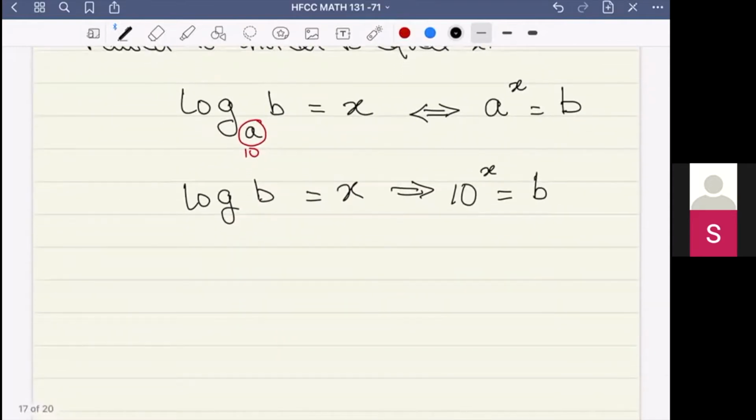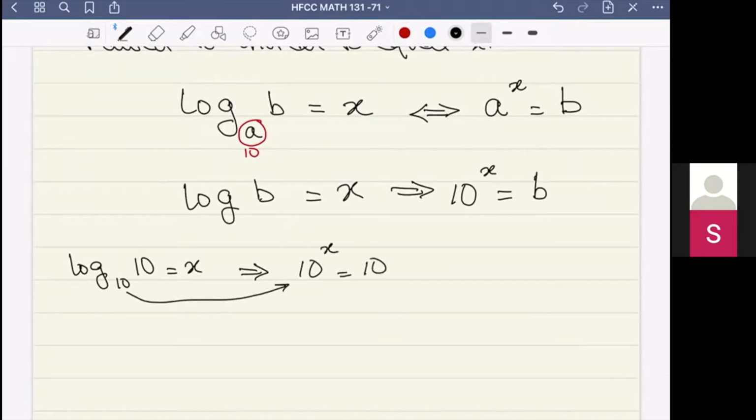If I say log base 10 of 10 equals x, you will ask yourself, 10 to the power what gives us 10? Well, this is 10 to the power 1. So in this case, x equals 1.